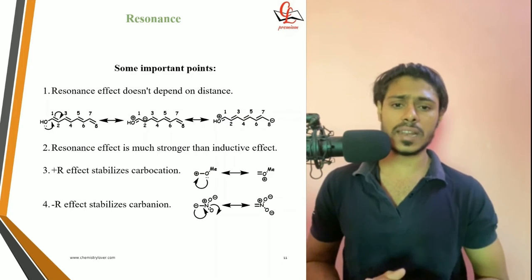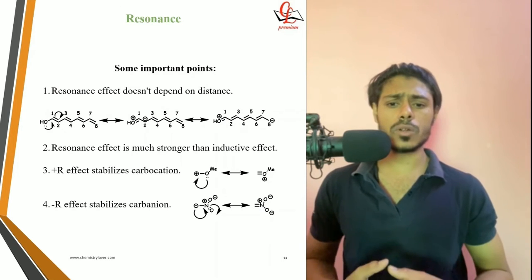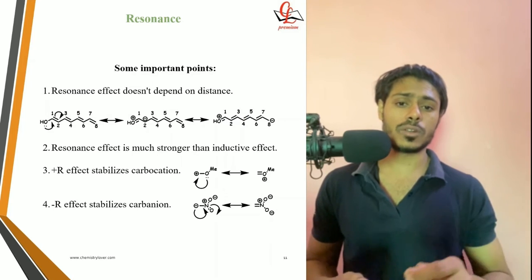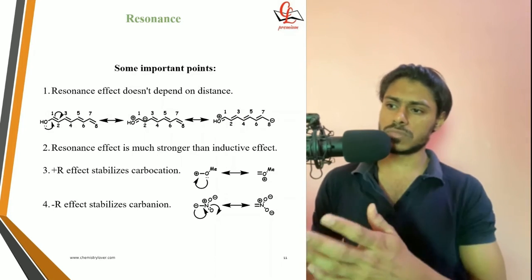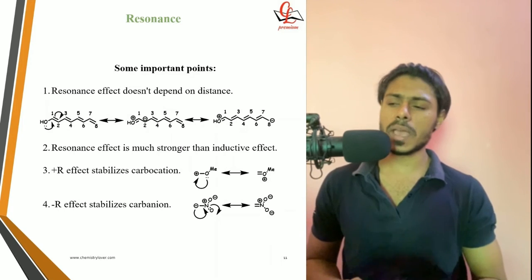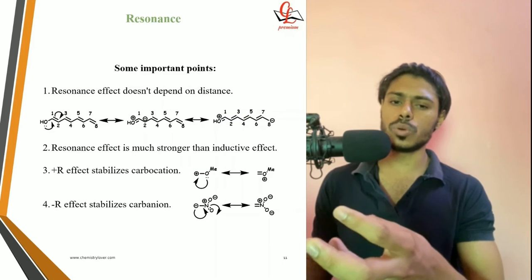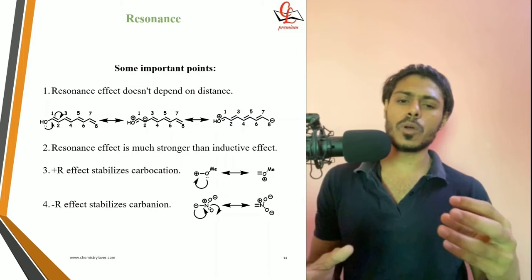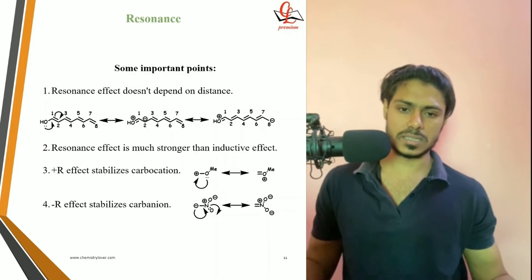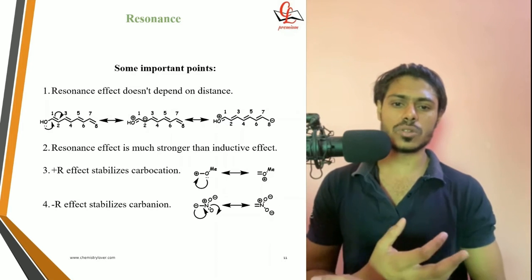First of all, unlike inductive effect, in case of resonance the effect does not depend on distance, because it is operating through the pi system and pi bond and not through the sigma bond. In this example you can see the OH group is pushing electron into the pi system, and the amount of negative charge on carbon 2 is the same as the amount of negative charge on carbon 8 or carbon 4 or carbon 6, because it is operating through the pi system, so distance is not a factor here.